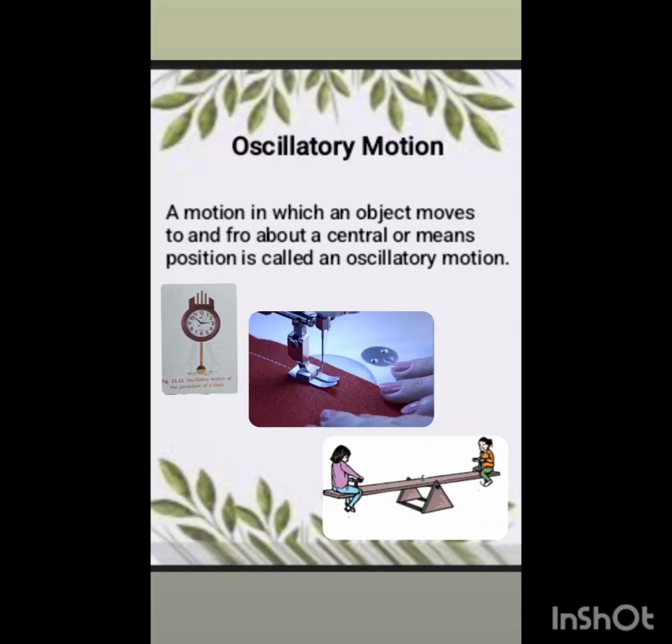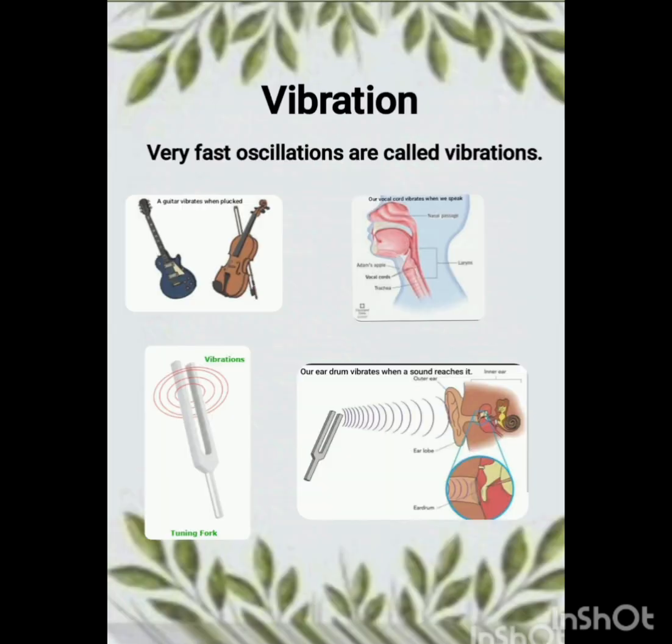Such a motion in which an object moves to and fro about a central or mean position is called oscillatory motion. Other examples are the pendulum of a wall clock, the motion of a sewing machine needle, the movement of a seesaw, etc.